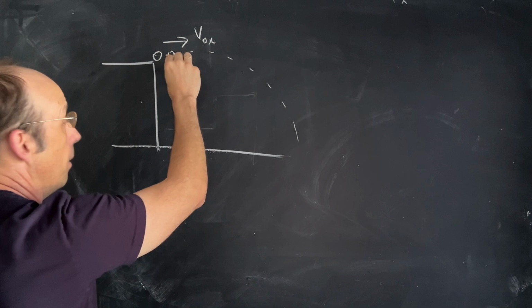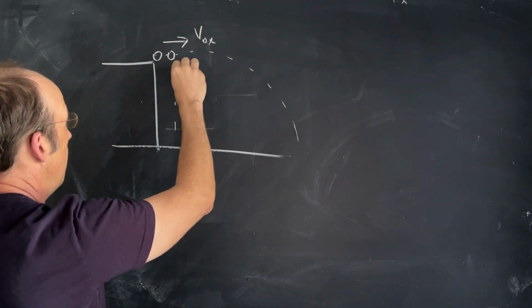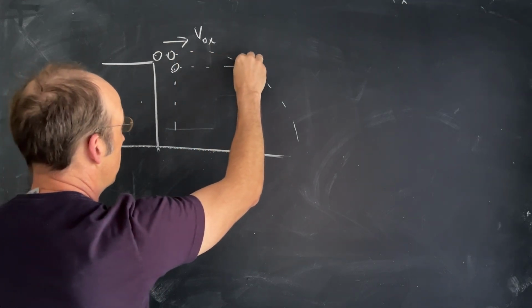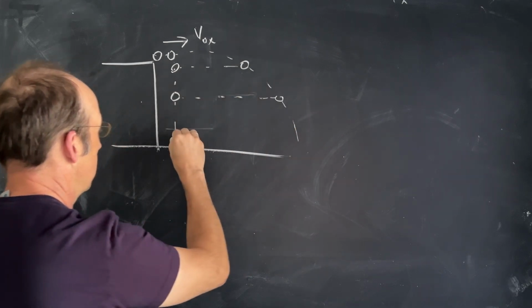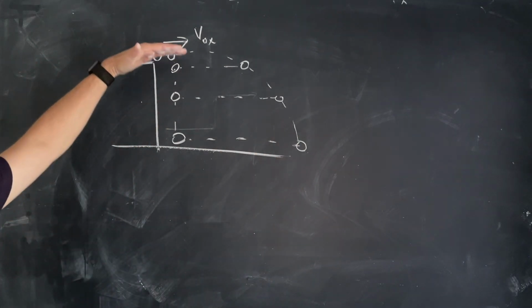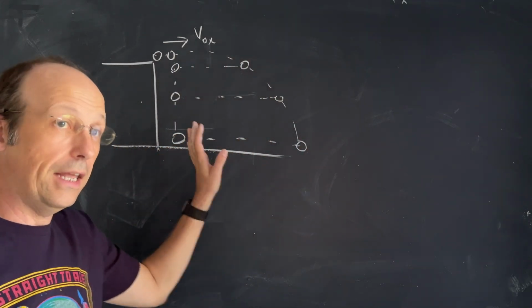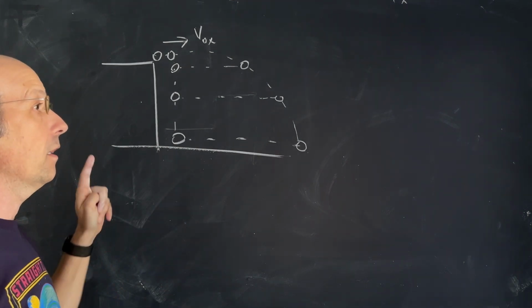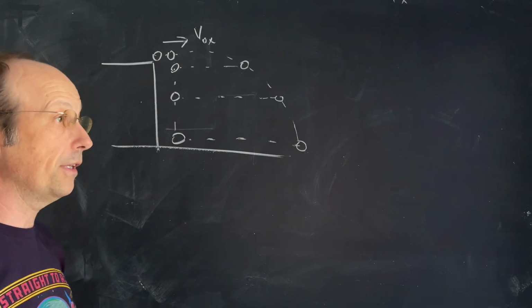If I drew the position of these every 1/100th of a second or something like that, it might look like this. You'll see that they have the same y position, but this one's moving in the x direction also, and they will end up at the ground at the same time. This is how you can show for yourself that the horizontal motion and the vertical motion for projectiles are completely independent.